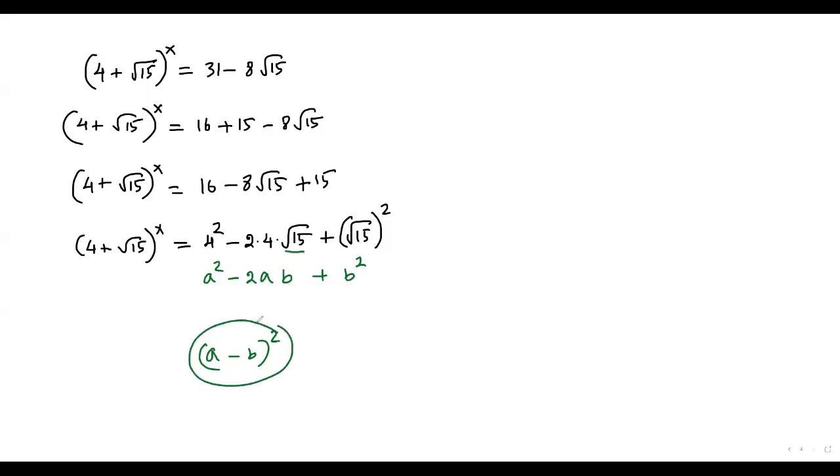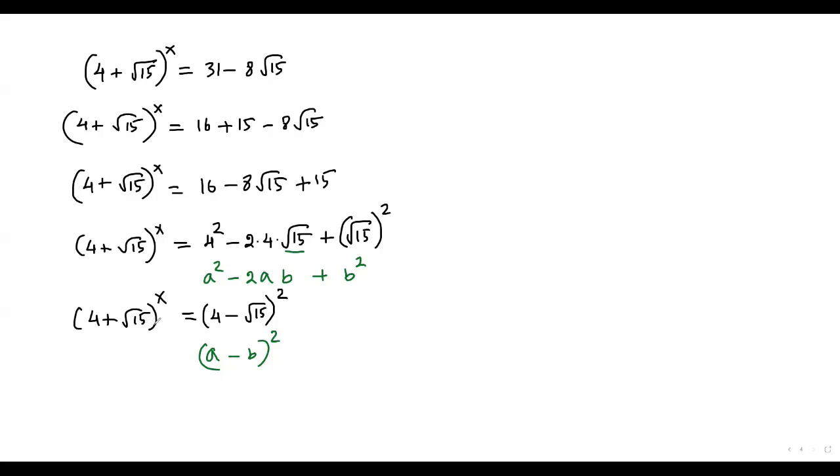So for (a − b)², we write 4 in the place of a, minus, and in the place of b we write √15, then the whole square. On the left side, we take this as it is, that is (4 + √15)^x.